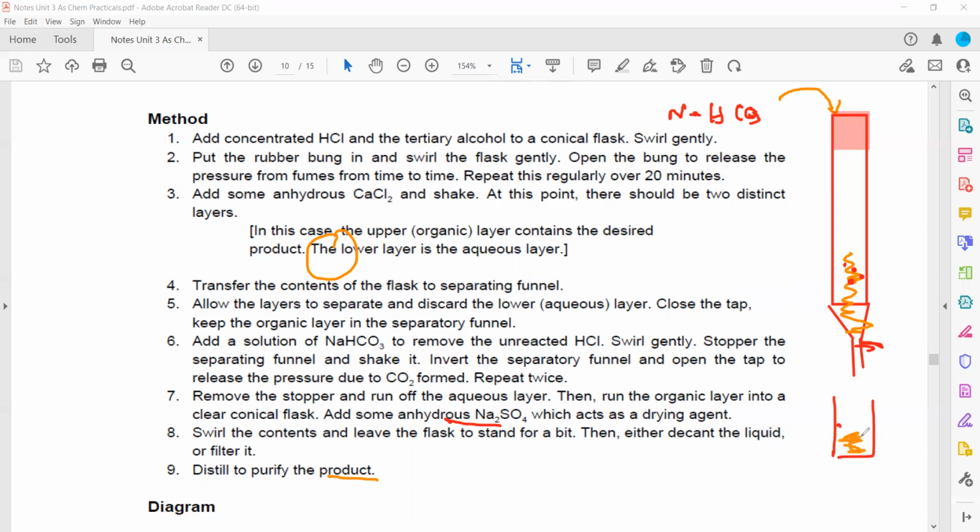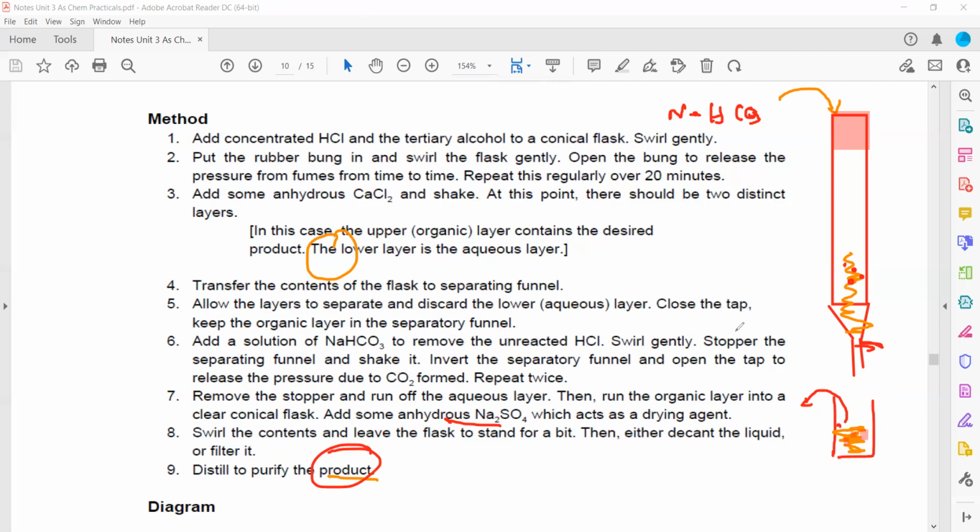In this organic layer we add anhydrous sodium sulfate, a drying agent. The drying agent should be unreactive and solid, so it can be removed by filtration. Then swirl the contents and leave the flask to stand. Then we can decant, transfer the organic layer and distil to purify the product.